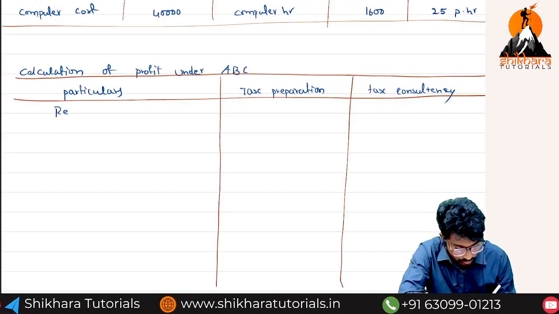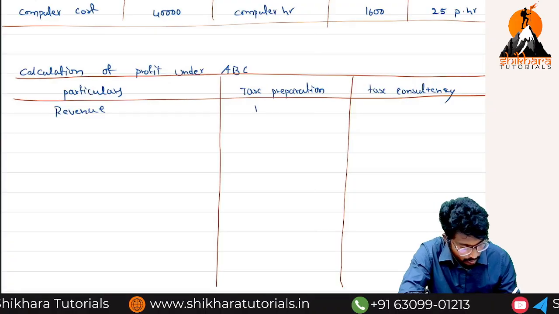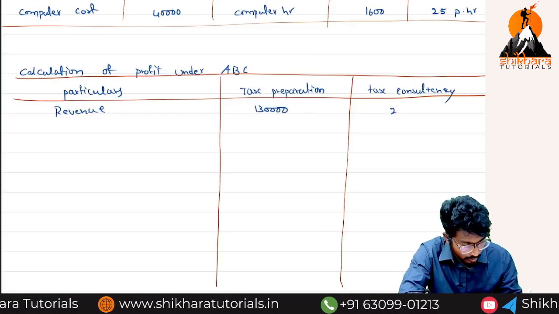Revenue. How much? 1,30,000 and 2,70,000.